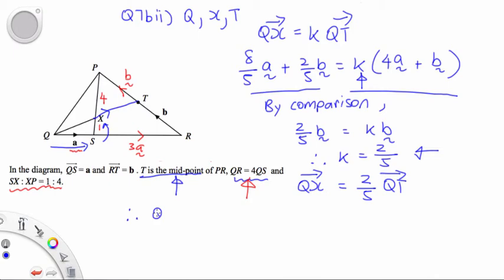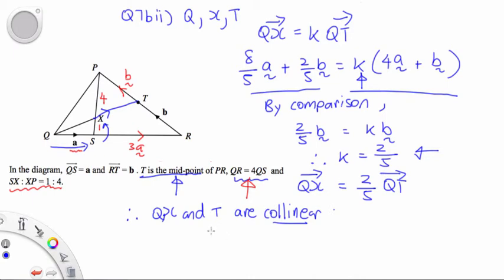Therefore, QX and T are collinear. Now collinear, what does collinear mean? Collinear also means that these 3 points lie on the same straight line.